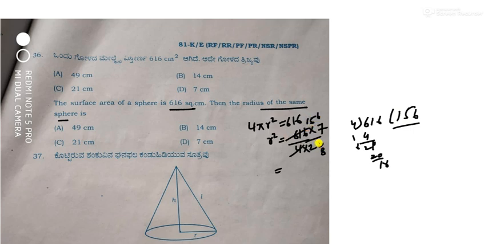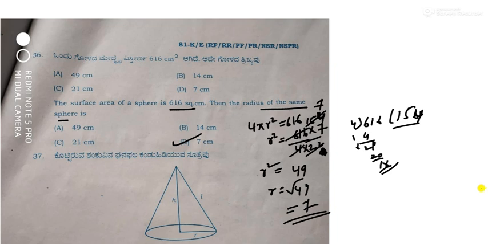Now 22 into 8 if you do. Okay, sorry, 4 fours are 16. So now when you do 22 sevens, you'll get 154, and 7 into 7 is 49. So r square is 49. R is root of 49, which is equal to 7. So option number D is correct. They have asked the radius, it is 7.